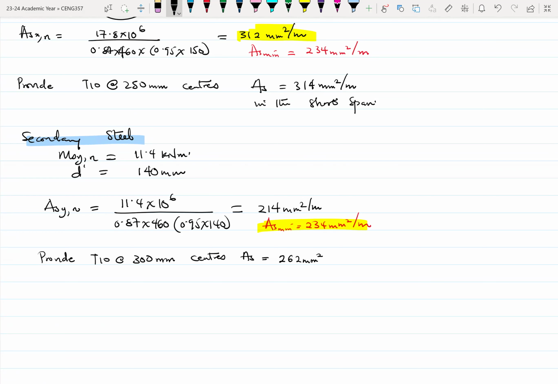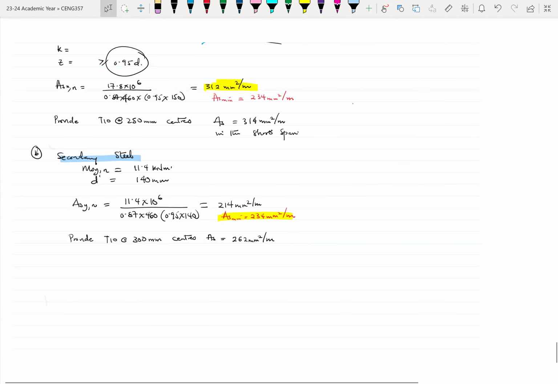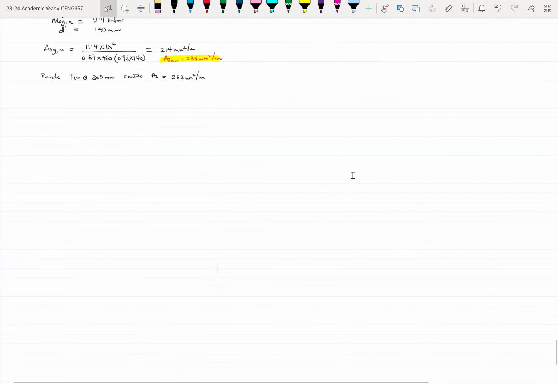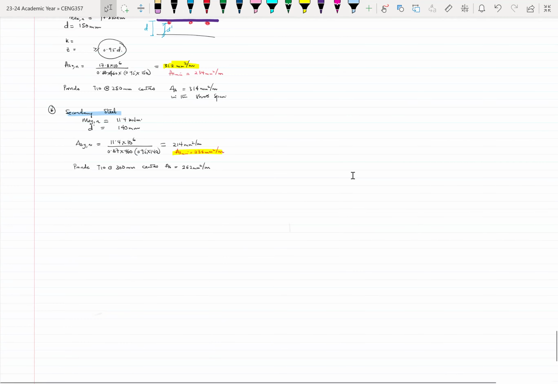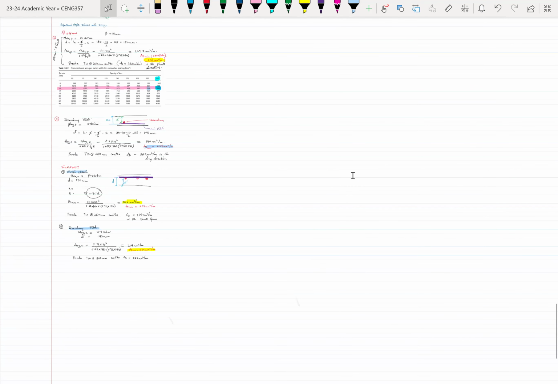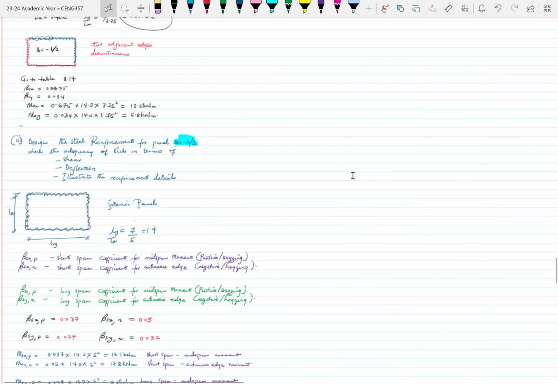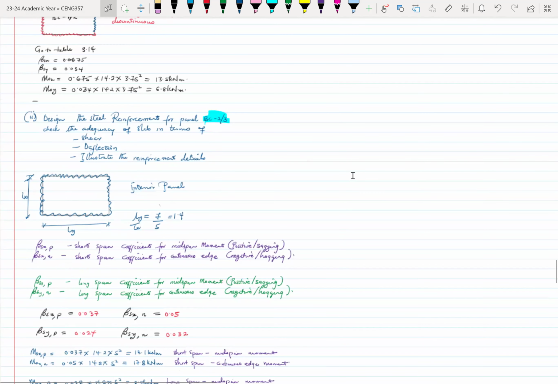So for this panel, these will be our sets of calculations, the panel that we've been looking at, panel BC23.